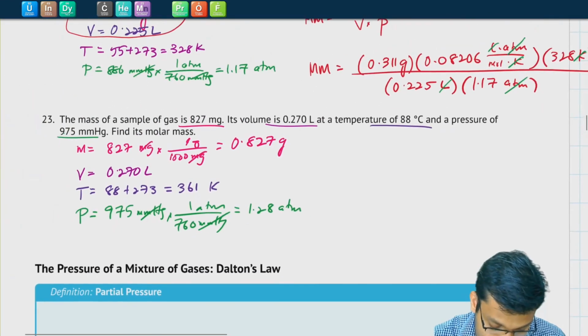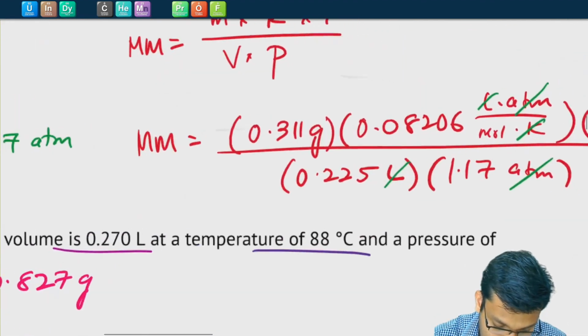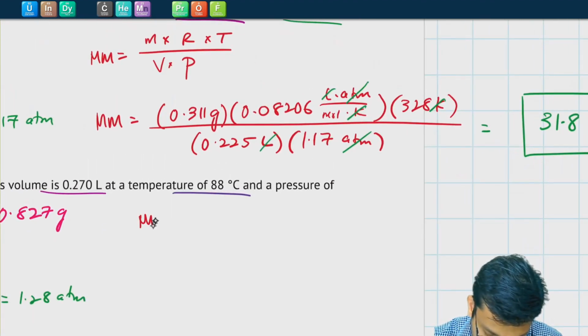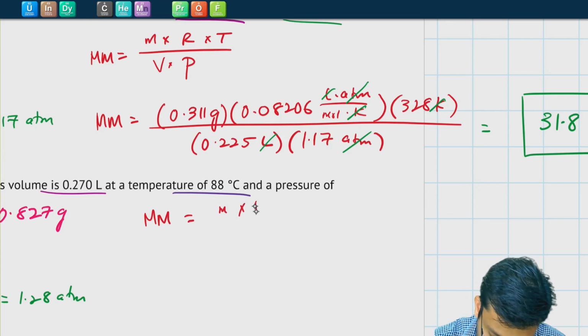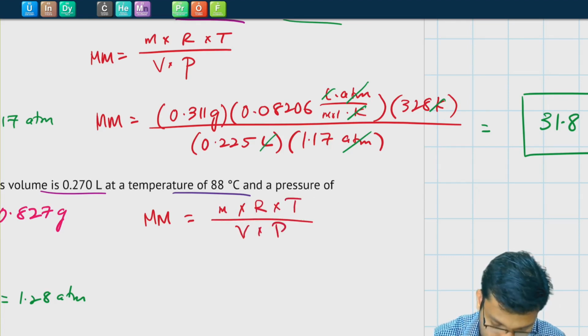All right. So we're looking for the molar mass again, and that means we can just use this equation up here, right? So the molar mass, that's not an M, but it's close enough. Molar mass is the mass times the ideal gas constant times temperature divided by volume times pressure.